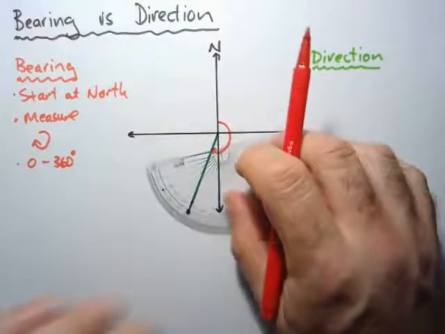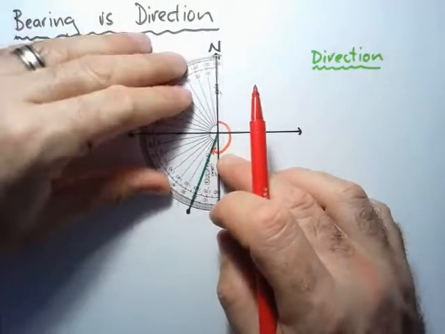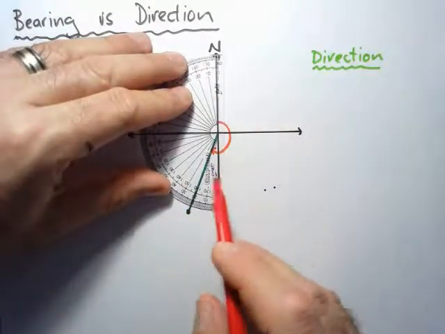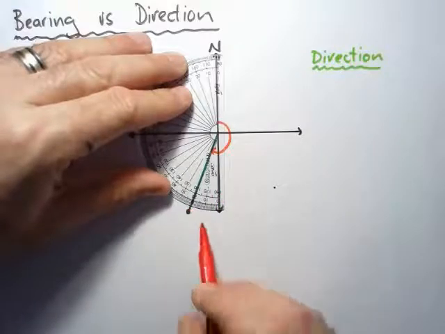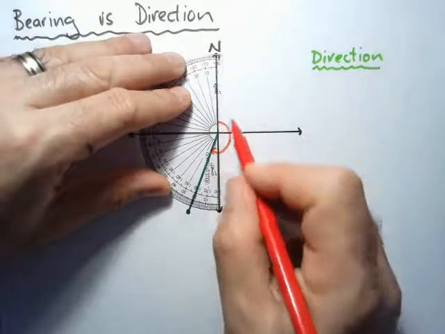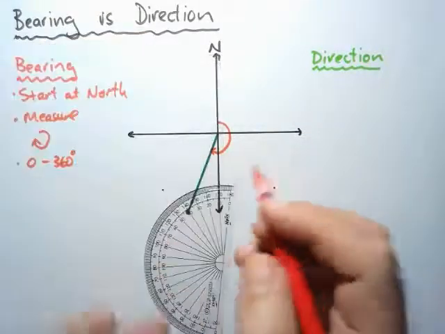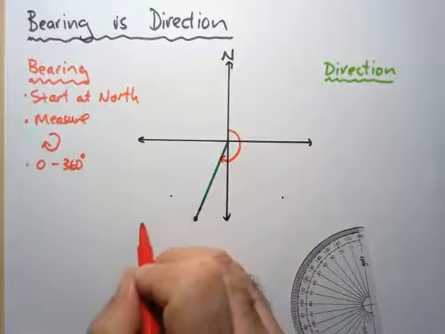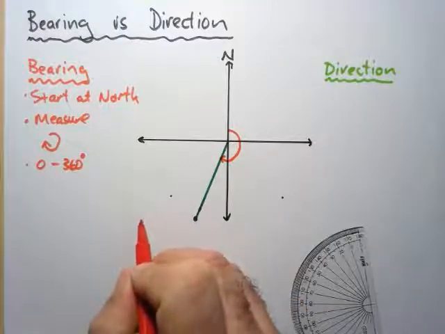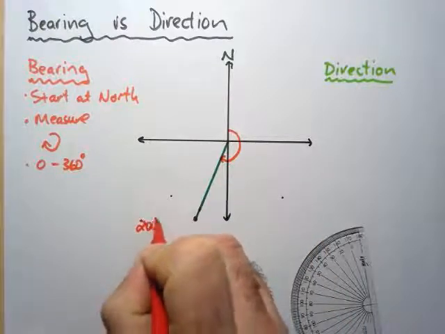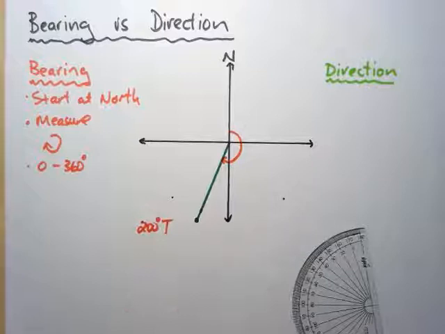What I need to know is the angle from there to there, and this angle is 20 degrees. So from there all the way around it's 180 plus this 20 degrees. The bearing of this point here is 180 plus 20, so that's 200 degrees, and we put a T there to say that's the true bearing.